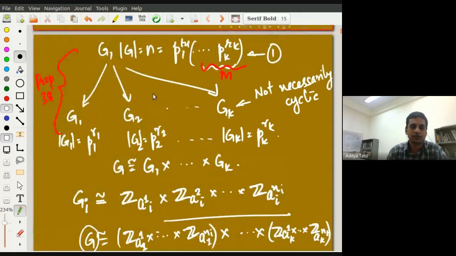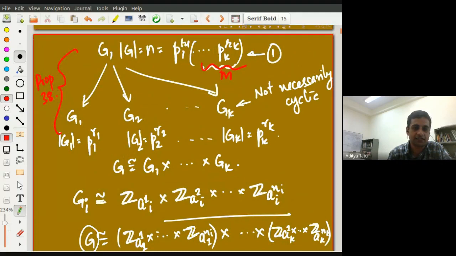Propositions 38 and 39 tell me that I can decompose G into a product of k groups. Each of these k groups has pi to the power ri elements, so each of these is nothing but a particular pi group. I hope that is clear.